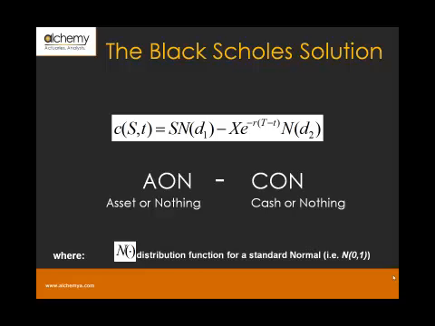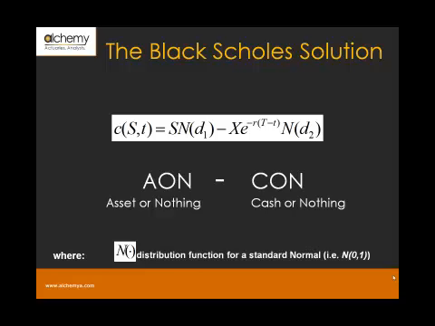So in a cash or nothing option within the same Black Scholes analysis, what we're really saying is if ST is greater than X, I get a known amount. What is that known amount? That known amount is the strike price. And I effectively get, in today's terms, the present value of that known amount.